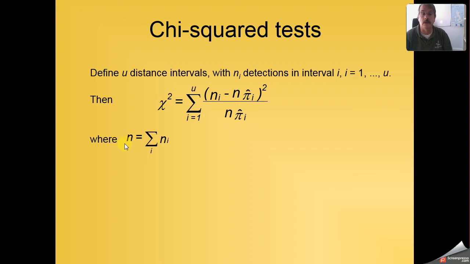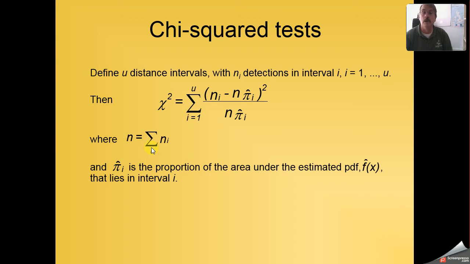Okay. So all of our data, all of our n sightings, are distributed across these U number of bins. Where does this pi hat come from? This pi hat comes from the model that we have fitted, our estimated probability density function. And so we look at the proportion of the area of our fitted probability density function in each one of these U distance intervals and use that to compute our expected number of sightings in each of the bins.